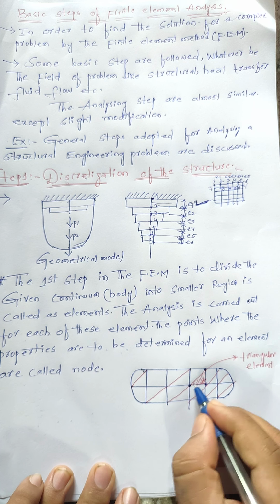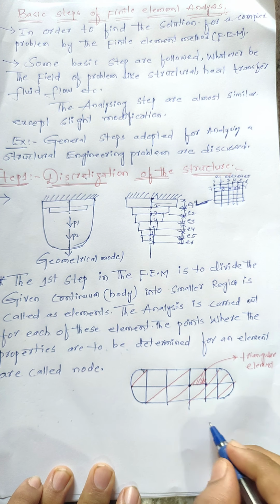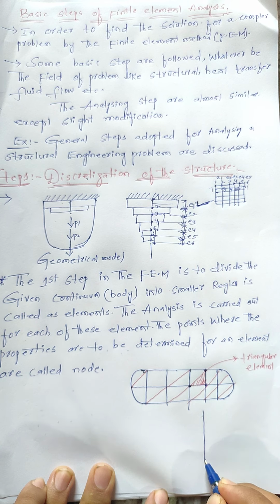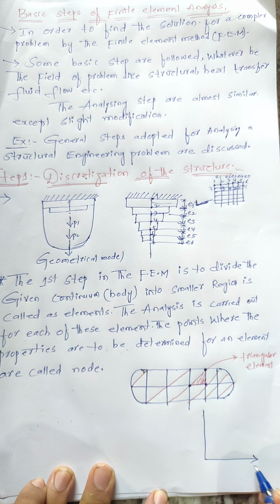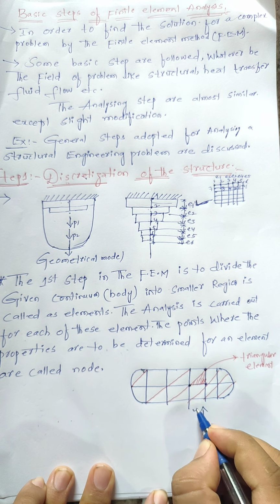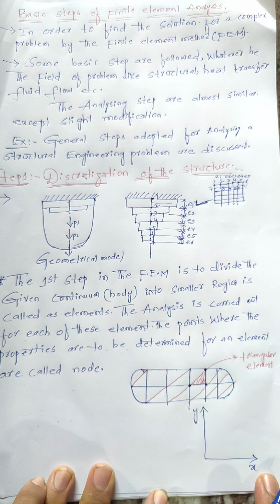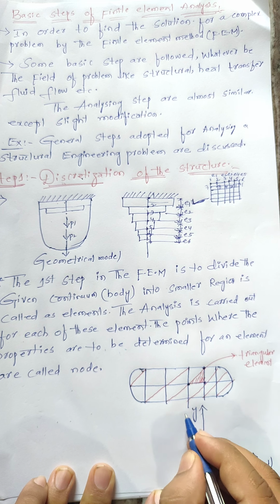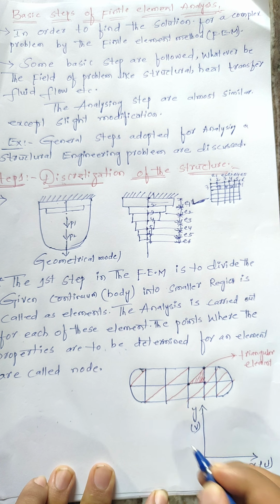If I am taking this triangular element, in the x and y direction, this is the x direction and this is the y direction. The x direction displacement we represent by u, and the y displacement by v.